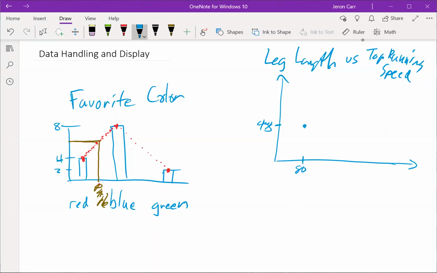Boom. I then test someone with 90 centimeter legs, and I discover that they have a top speed of 6 meters per second. And I test someone with 100 centimeter legs, so a very tall person here.